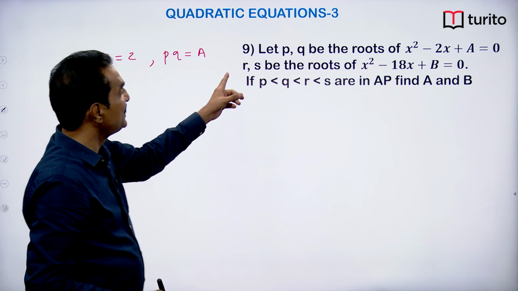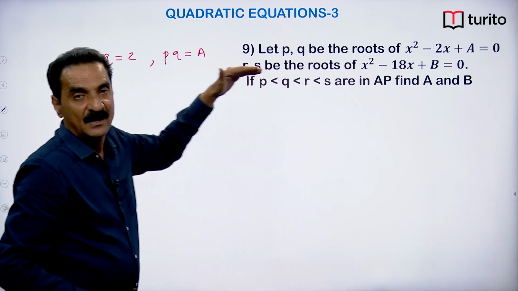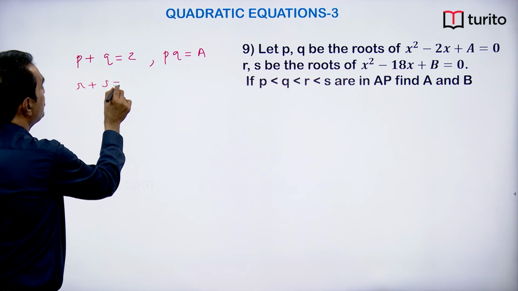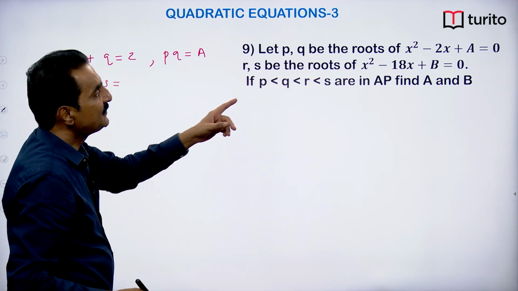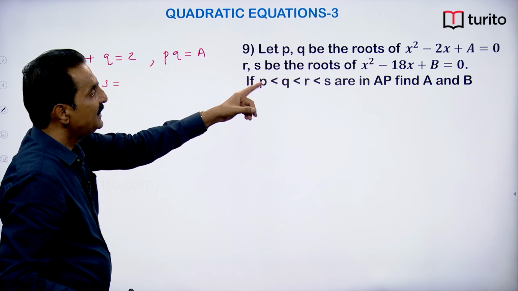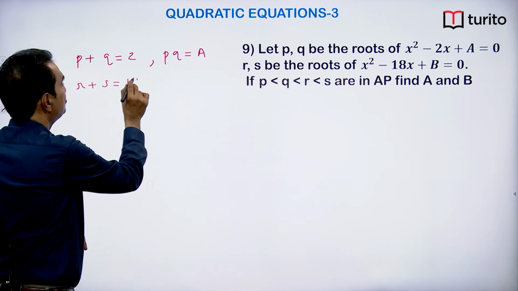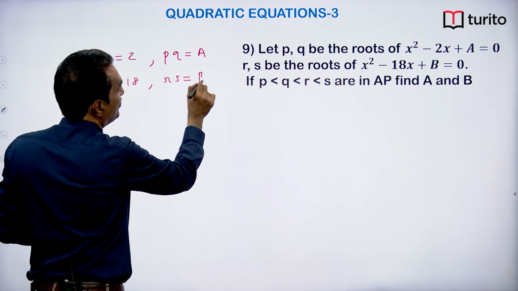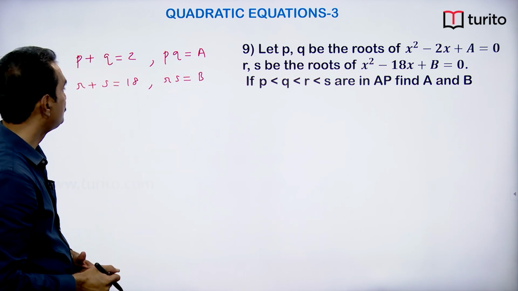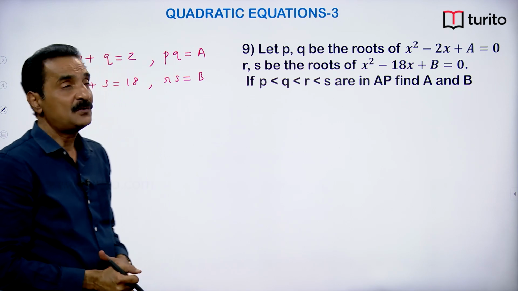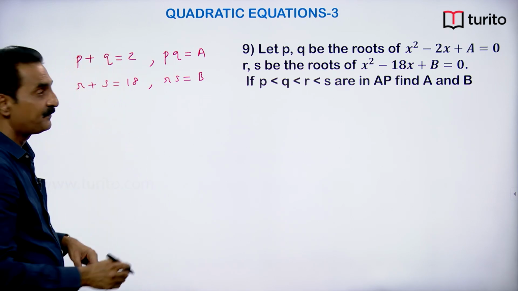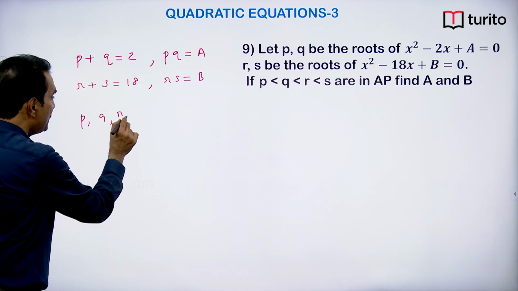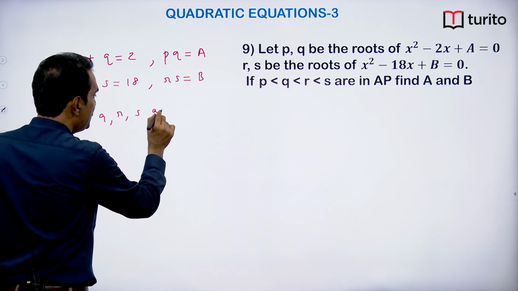Now, second equation, R and S are the roots, R plus S is equal to what? 18, and RS is equal to B. Now, P, Q, R, S are in AP.